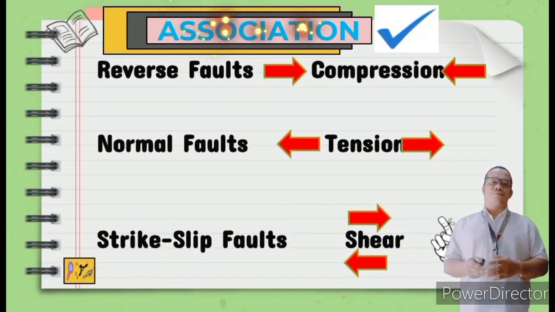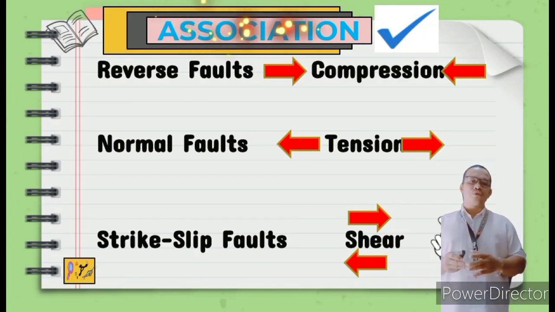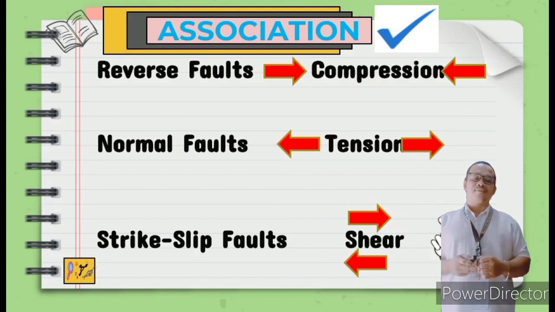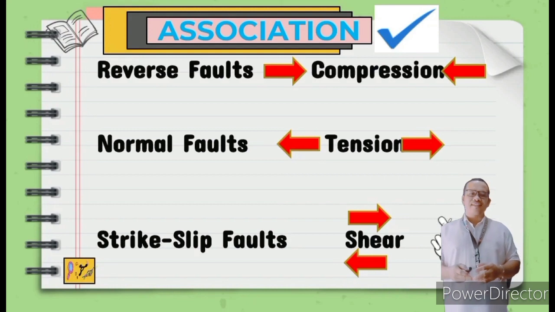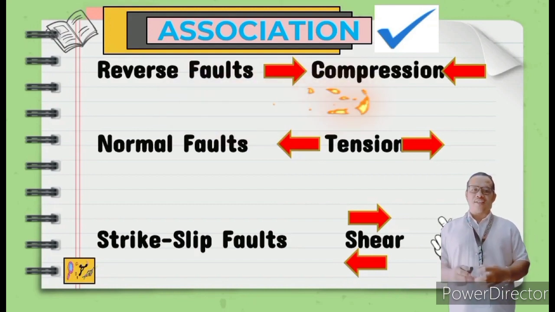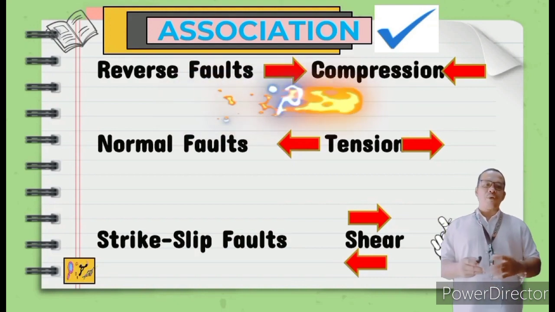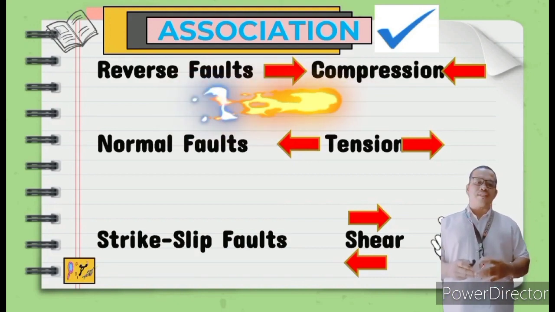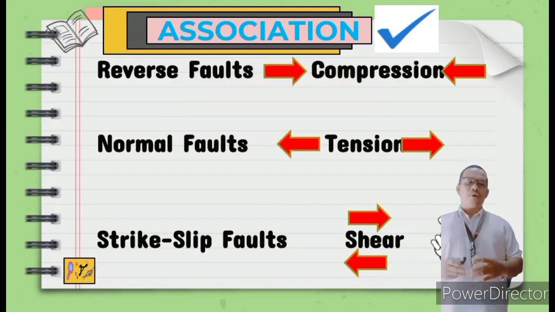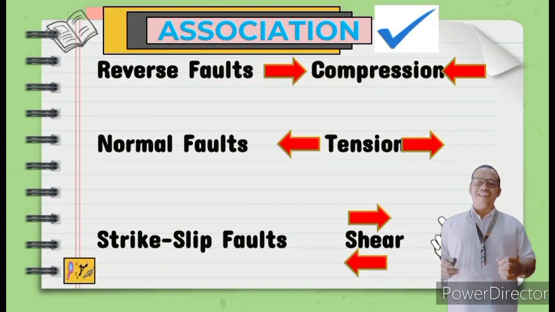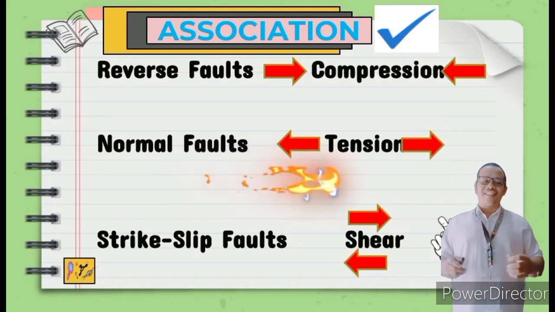Association. The different types of stress and fault are associated with one another. Reverse fault, remember this one, class, is associated with compressional stress, while normal faults are associated with tensional stress.